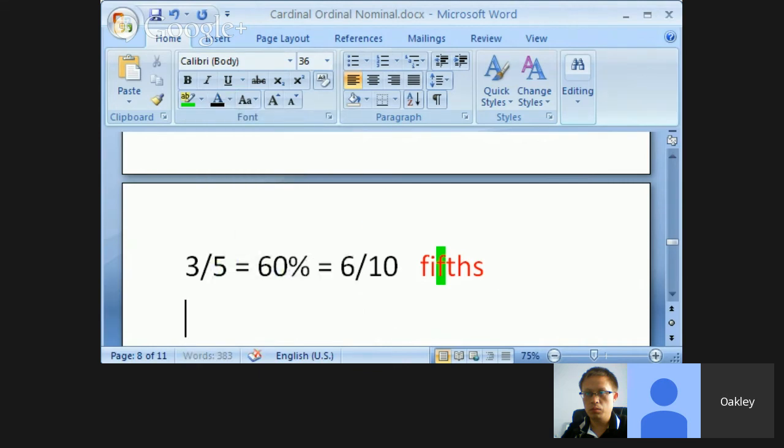If I'm going to the store to buy a fifth, what am I buying? Fifth. What does that mean? Do you have any idea what I'm buying?